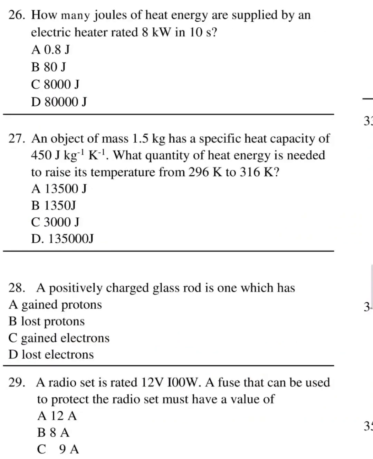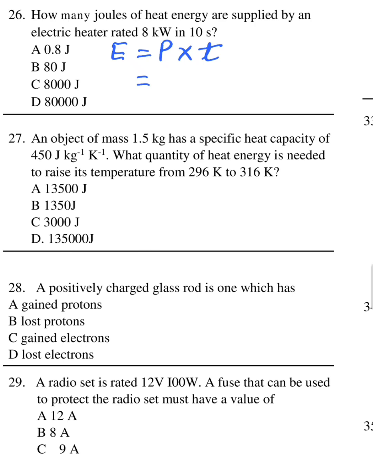In 26, how many joules of heat energy are supplied by an electric heater rated 8 kilowatts in 10 seconds? So here, heat energy should be calculated from the power times the time, and the SI unit of power is the watt.